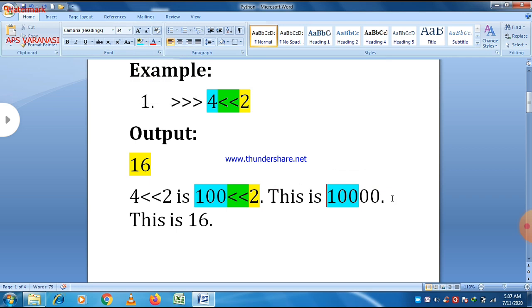So this will be 10000, and these are the places by which the number is shifted. And when we convert 10000 into a decimal number, the answer is 16. So 16 will be the answer after execution of that statement.